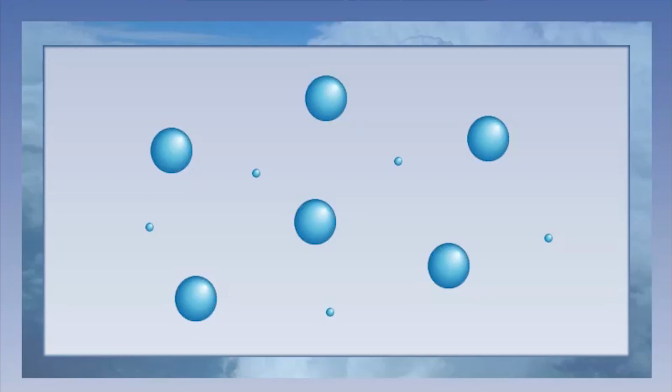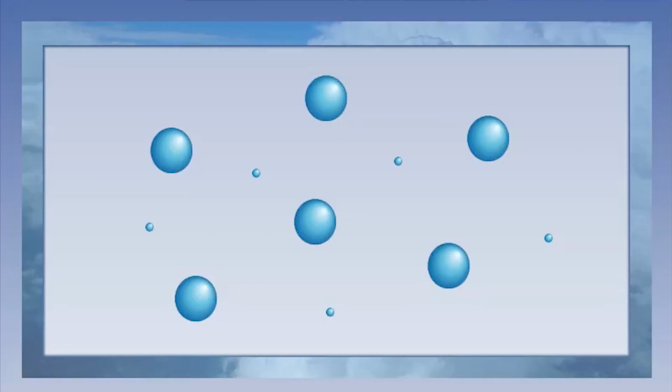But firstly, let's understand these supercooled water droplets in a little more detail. Supercooled water droplets come in a wide variety of sizes. It is their size that controls not only the type of icing, but the severity of it.